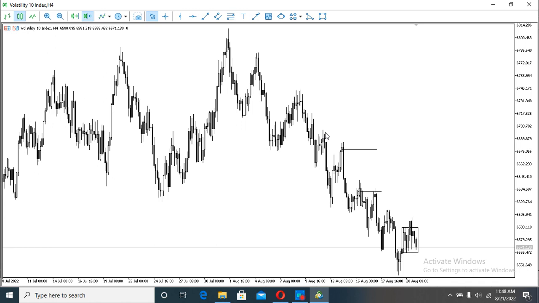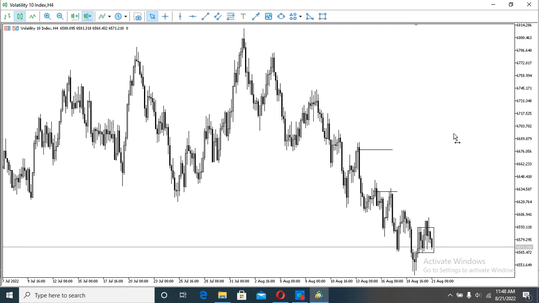You have lower low, lower high, lower low, lower high, lower low, and in the minor structure we have lower highs, lower low, lower highs, lower low, lower highs. There's not yet a lower low created, and you see the price consolidating right there.